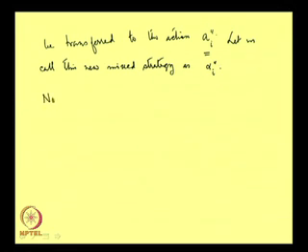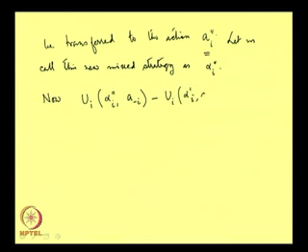Now, what is the payoff to player I if he takes this action, whereas the other players are taking their different actions, minus this? What will be the value of this? You see, this is an expected payoff and this is also an expected payoff. So, how do I evaluate the expected payoff?